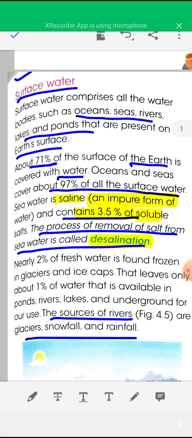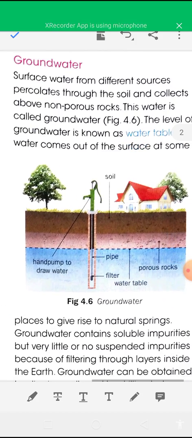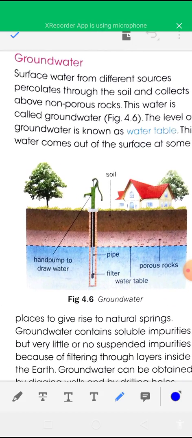The last type of source of water is groundwater. Surface water from different sources percolates through the soil and collects above non-porous rock.